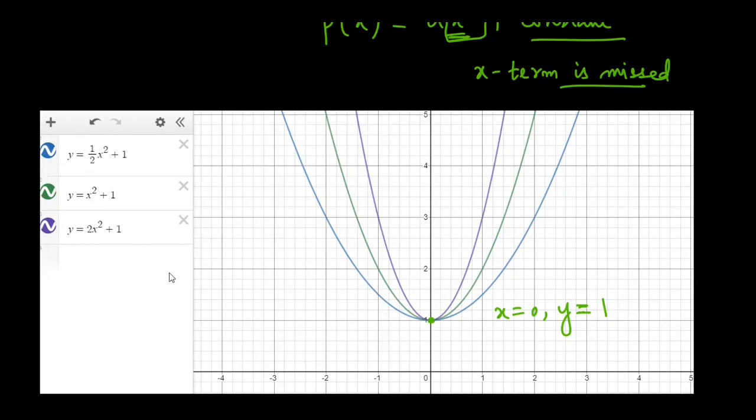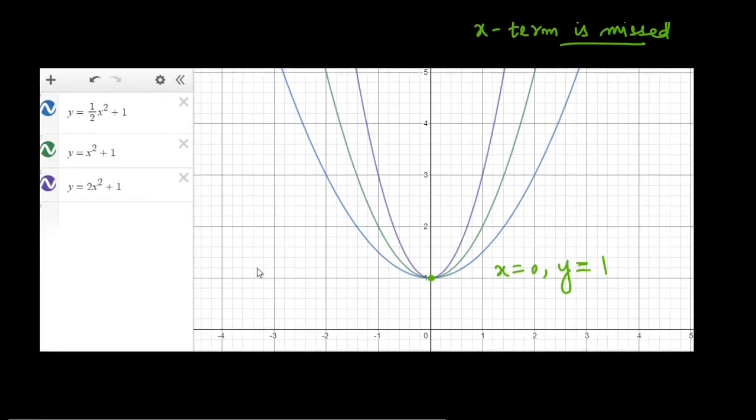So what we observe here is, when there is a complete square, here we have a complete square, here we have a complete square, here also we have a complete square, a complete square plus a constant, a positive constant here.